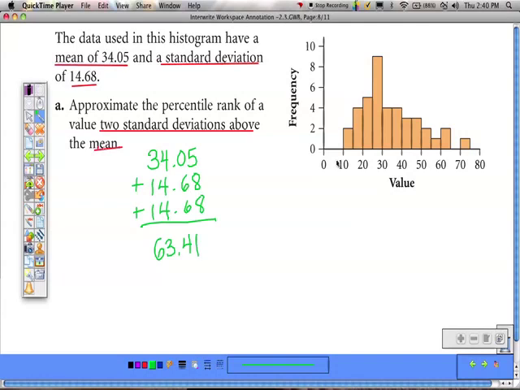Alright, so let's figure out where that is right here. So 63 would be in this bin right here. And here you can see the bin width is 5, because each bar is 5. It looks like it might be 10, but 10 is 2 of the bars. So here the bin width is 5.